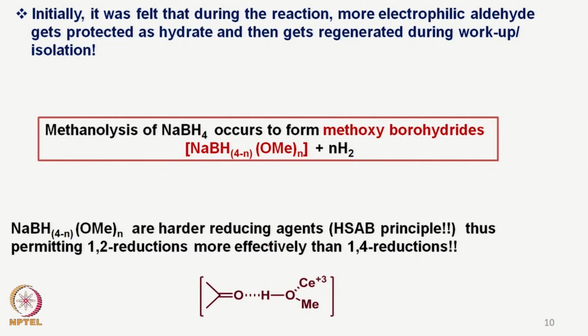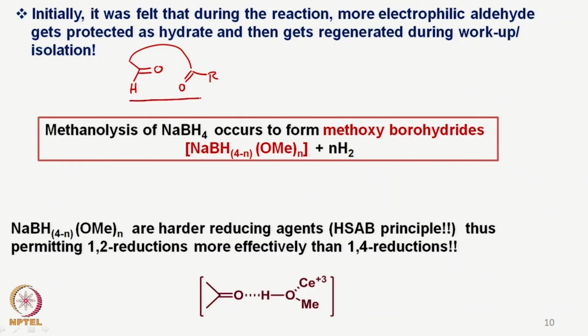Initially it was felt during the reaction that the more electrophilic aldehyde gets protected as an aldehyde hydrate and then gets regenerated during the workup. That means what is happening is that if suppose you have a molecule that has an aldehyde here, and also it is a part of a corresponding ketone, so you have an R group here.